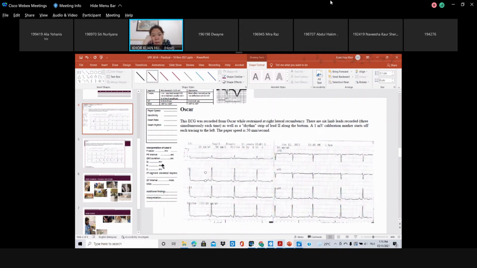Okay, what about S? So QRS, does S have a millivolt or not? What do you think about S? S is over here. So what will be the answer for S?